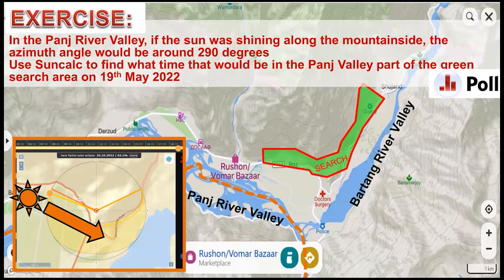So I'm going to let you think about what that means in terms of the time of day. If you want to use Suncalc or PeakVisor, to have a little think about, if you're pointing this way, what does that mean about the time? If the sun's coming from over here and you're on this bit of the hill, or if you're this way in the Bartang River Valley, the sun will be coming from a different direction.